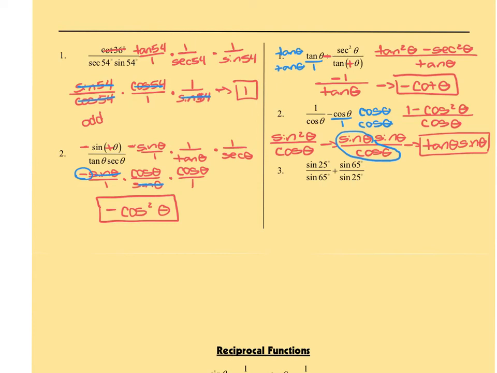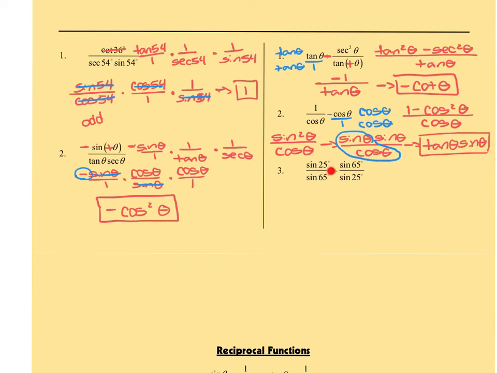Got one more I want to look at here, and what's going to jump out to me is that my angles are different. I have two trig functions written in terms of 25 degrees and two written in terms of 65 degrees. So I do need to get all of those to match. What's going to jump out is that they are different but complementary.